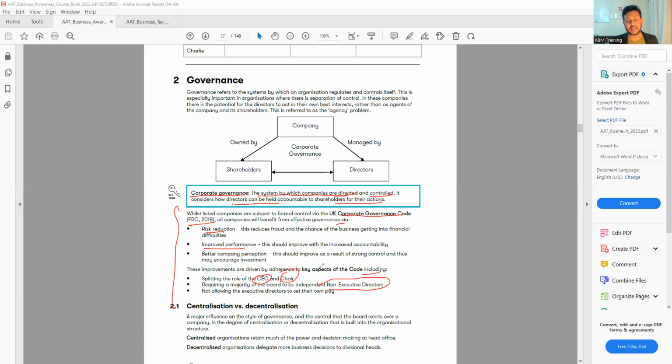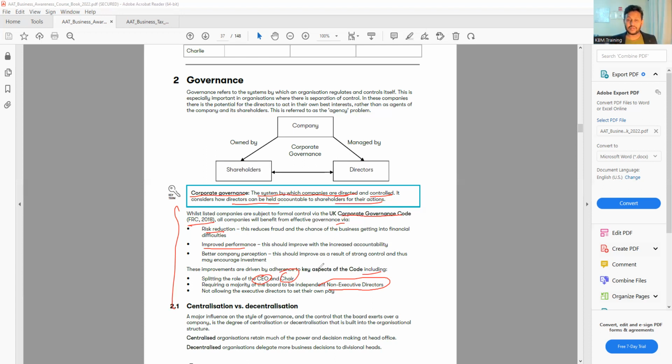The non-executive directors. So on the board, the numbers of executive directors and non-executive directors need to be equal. It is not possible, or not recommended, to have 10 executive directors and 8 non-executive directors. When the decision comes, all the executive directors will raise their hands and the rules will be passed and accepted.